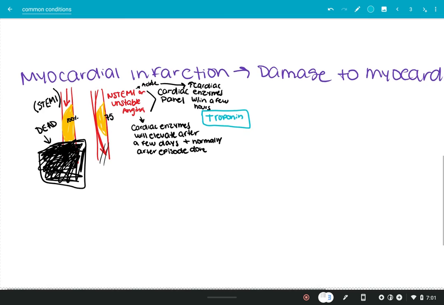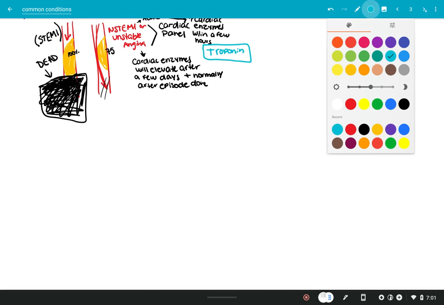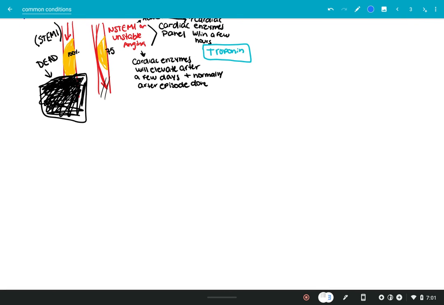What is STEMI? Everybody knows what an EKG looks like. So you've got your QRS, your T wave. Okay, so this is your P, Q, R, S, and your T, right? And then this is your PR.